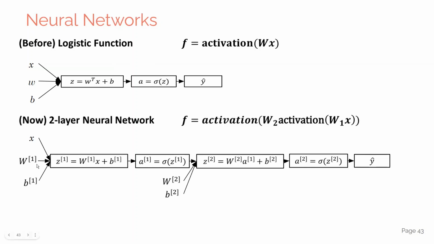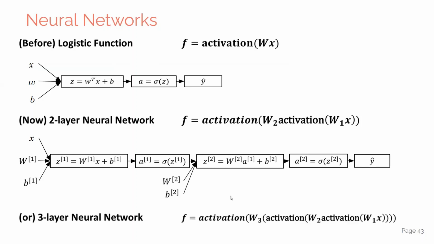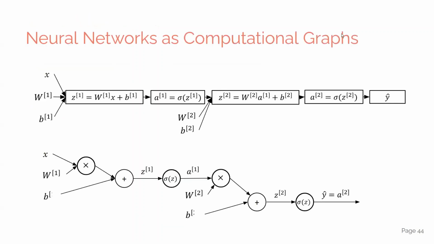See, this is for the first layer, and this one is for the second layer. Or 3 or 4, up to you. There's no limit. You just add more layers, and you keep on doing this. And the computational graph representation of this one is this. This is the bias.